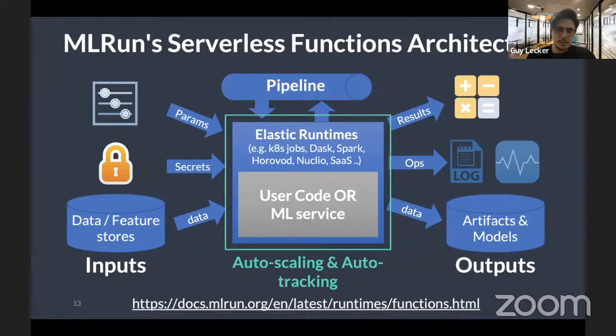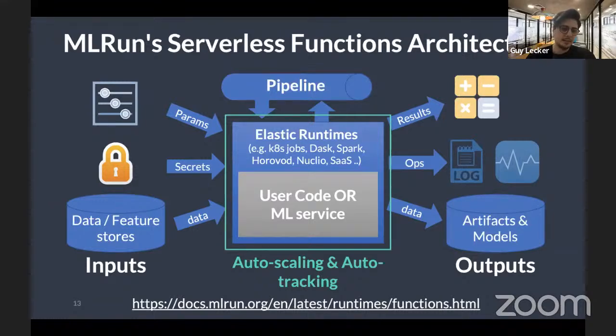Now this function can be of type job, it can be local, it can be Nuclio, it can be OpenMPI, and so on. And once you have this function, you can run it remotely, locally, wherever you like.